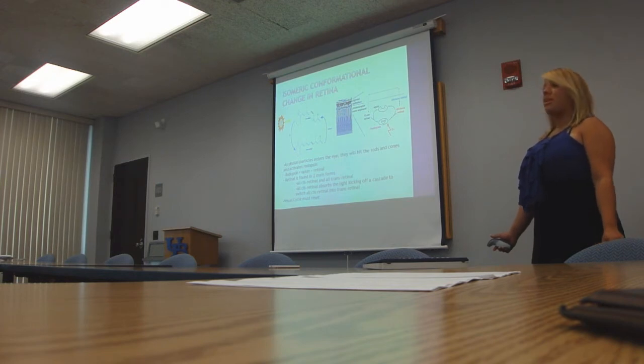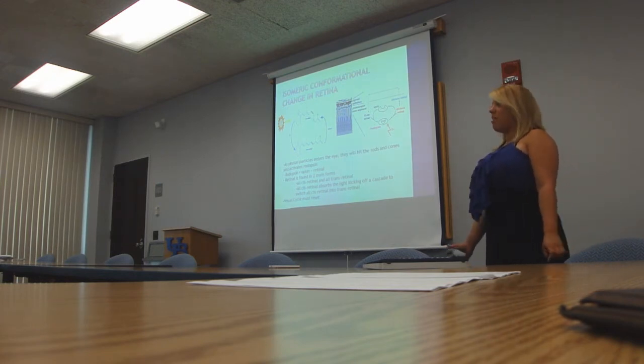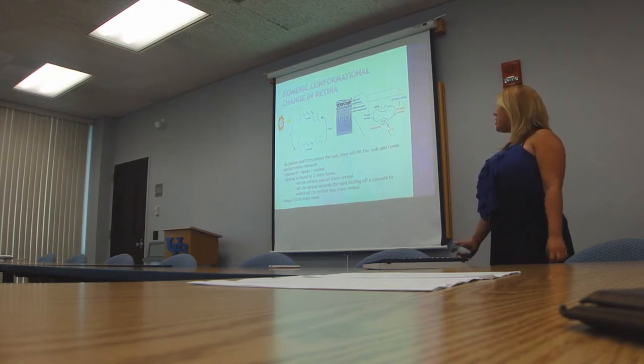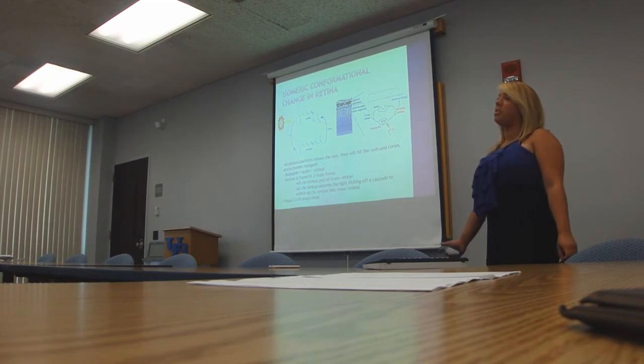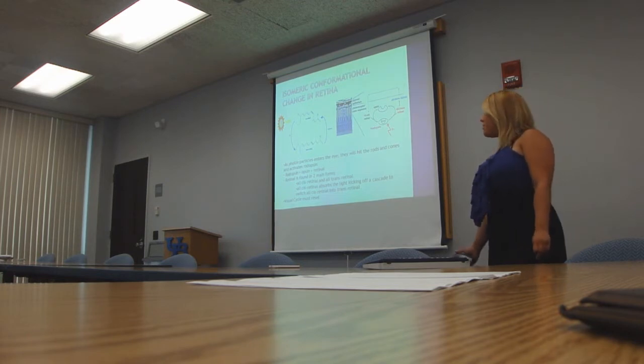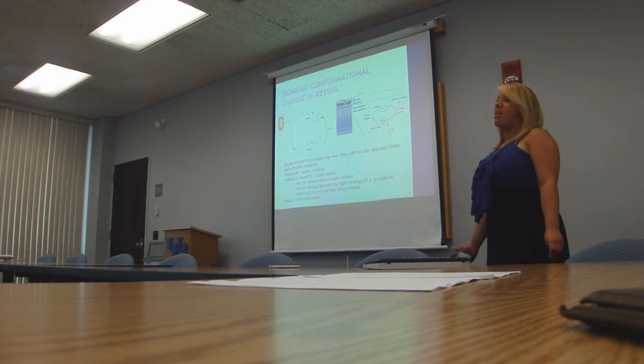The key point in the visual cycle is the isomeric conformational change that occurs in the retina between all-cis and all-trans retinoids. The first step of the visual cycle is when the photons enter the eye, hit the rods and the cones, and activate rhodopsin. Rhodopsin is a protein composed of opsin and retinal.